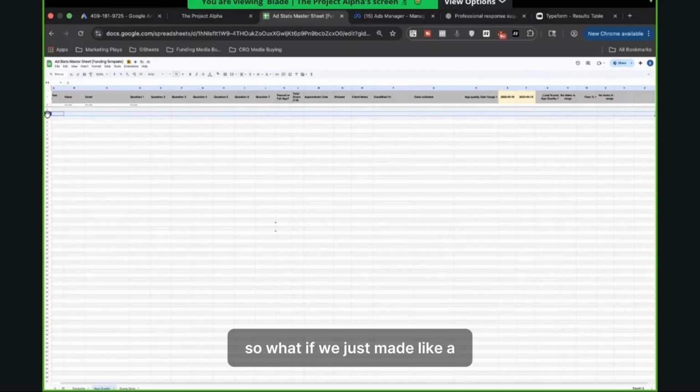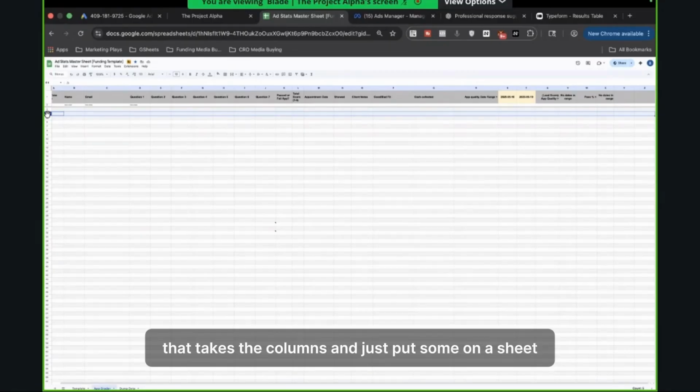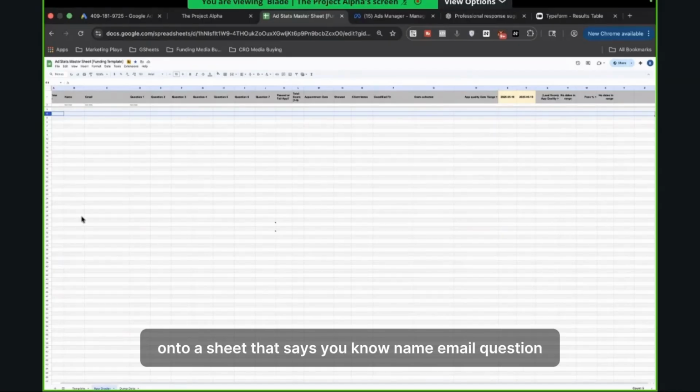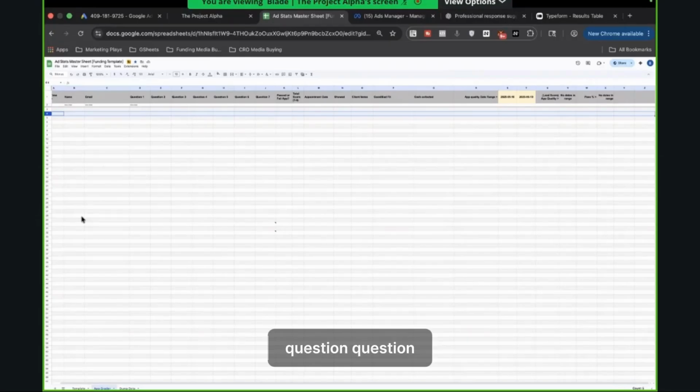So what if we just made like a mask sheet that overlays this, that takes the columns and just puts them on a sheet. So you're typing the answers onto a sheet that says name, email, question, question, question.